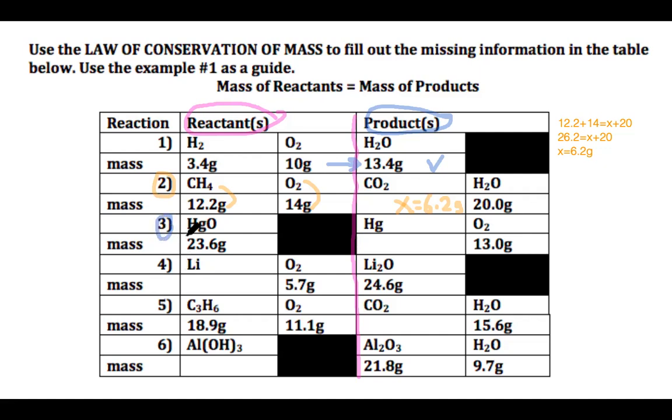So HgO 23.6. On the product side, what is the mass of mercury if the oxygen is 13 grams? So now you have to subtract 13 from 23.6. So you'll be getting 10.6 grams.